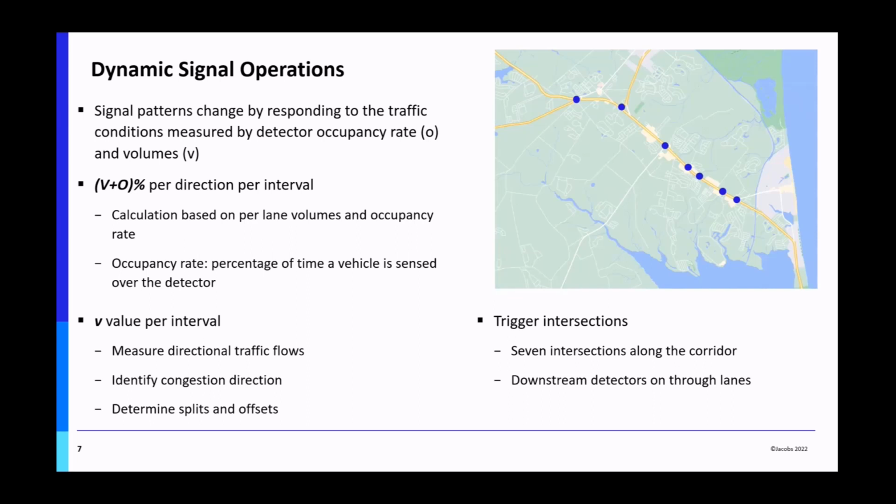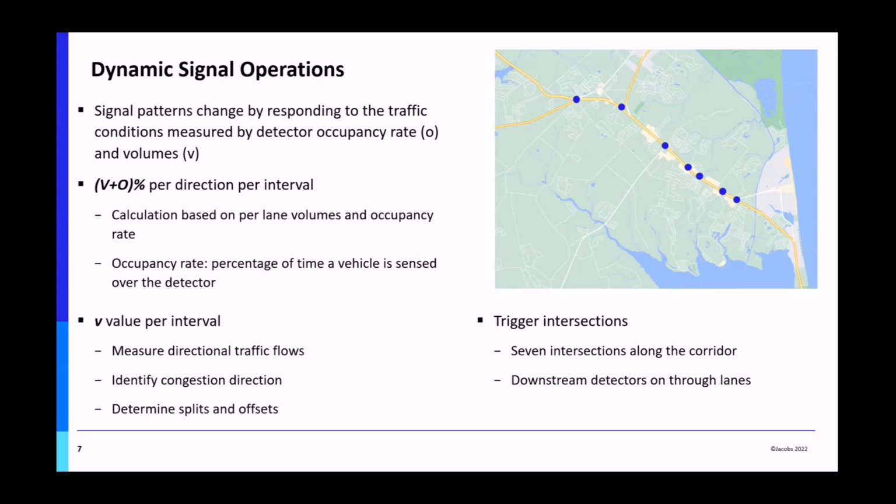The V plus O is used to determine the cycle length. It's calculated based on the per lane vehicle volumes and occupancy rates in each time interval, and then is aggregated by direction. The V value measures the directional traffic flows to identify the congestion direction.